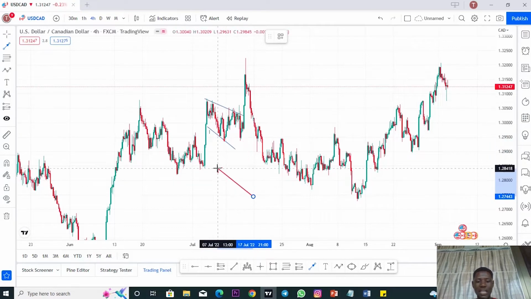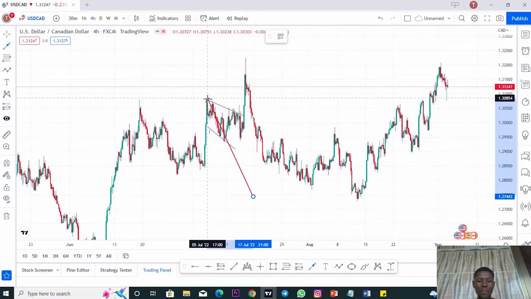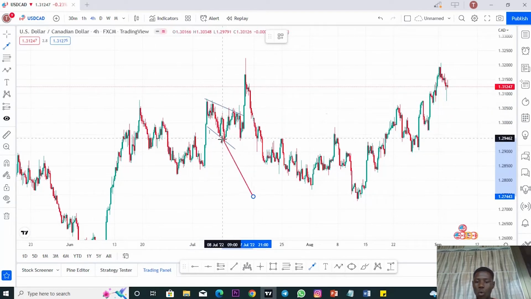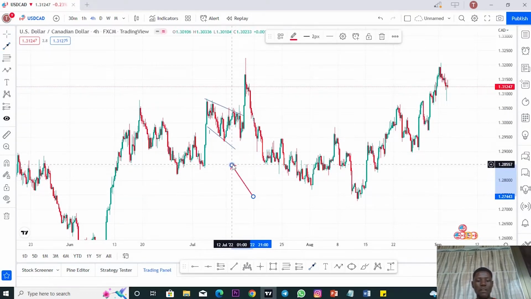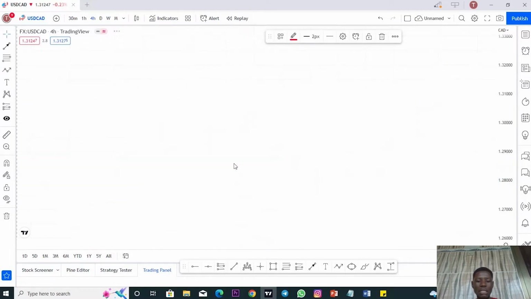As I said already, you see the spike from this lower low to this lower high, then consolidation. It consolidates for so long before this spike to the upside. So this is how we spot a flag that continues the market on the same trend.